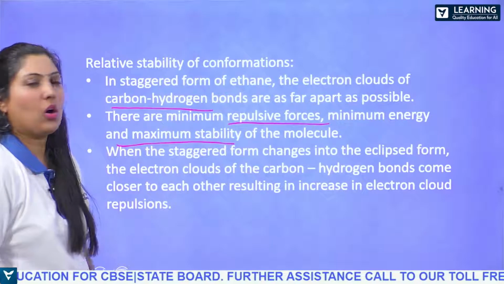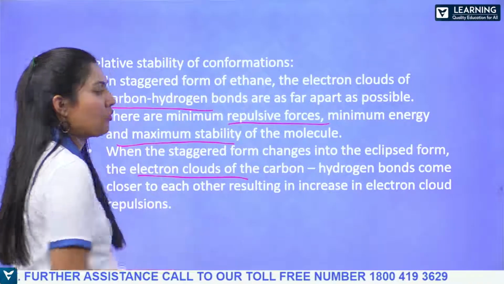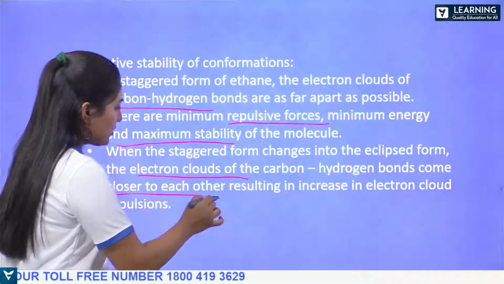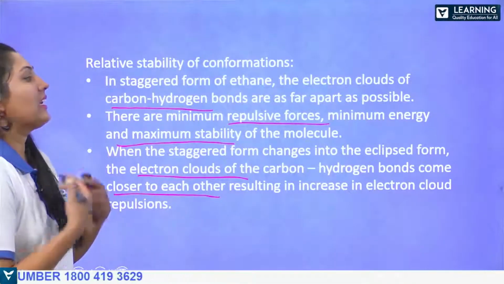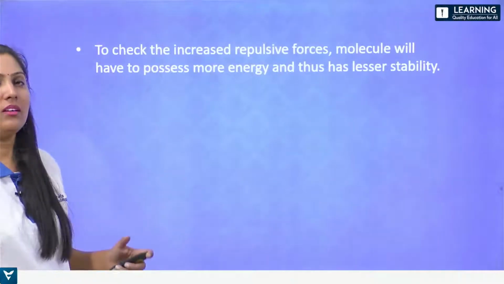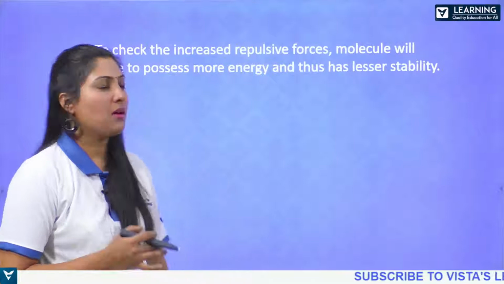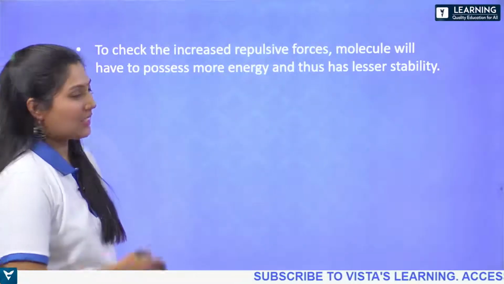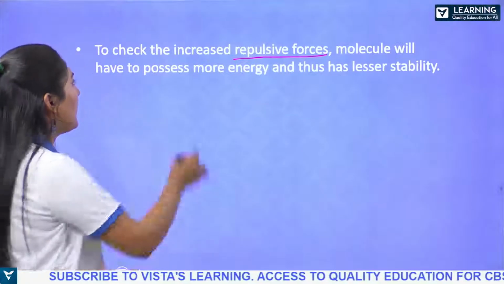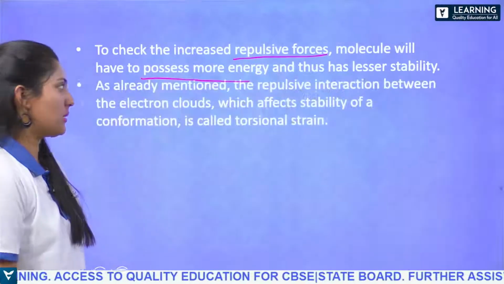When the staggered form changes into the eclipsed form, the electron clouds of the carbon-hydrogen bonds come closer to each other, resulting in increased electron cloud repulsion. So which is better? Staggered is better or more stable. To check the increased repulsive force, the molecule will have to possess more energy and thus lesser stability.